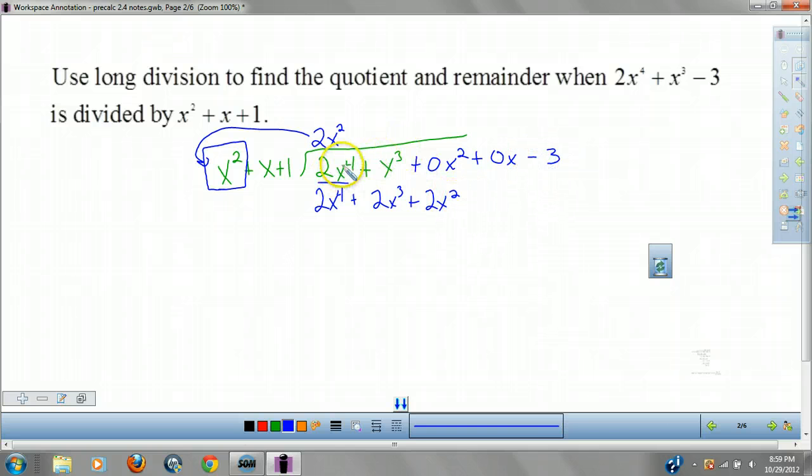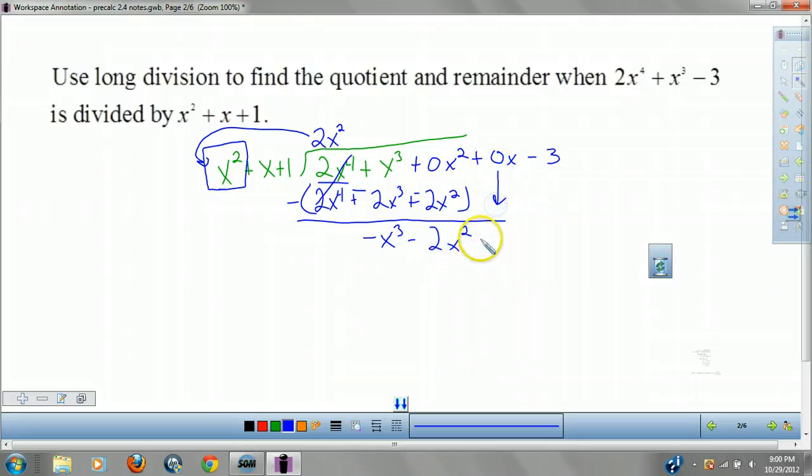That way I have all my terms, all my types of x's. Now I'm going to distribute my negative through, which makes this guy negative, which makes this guy negative. These cancel. Negative x cubed minus 2x squared. Bring down my next term, plus 0x.